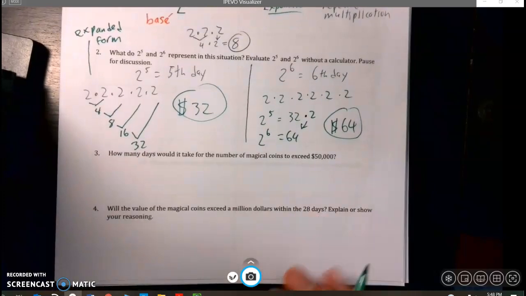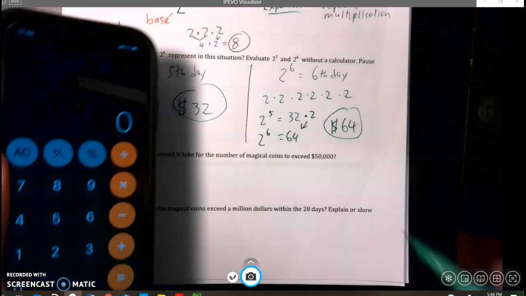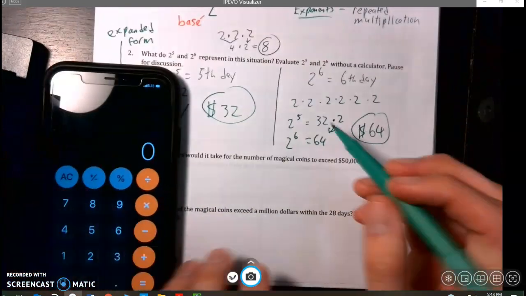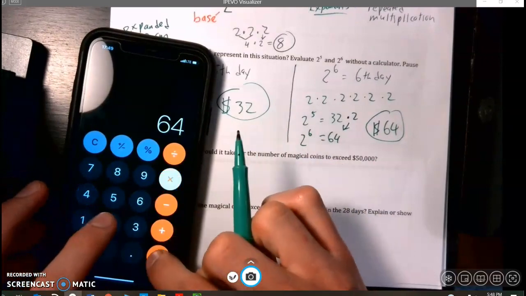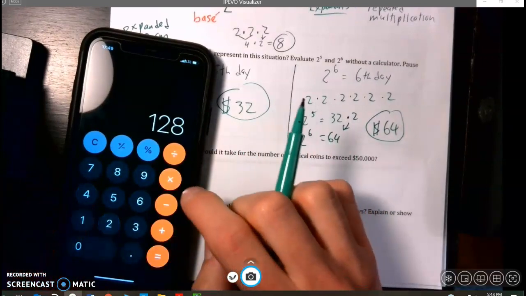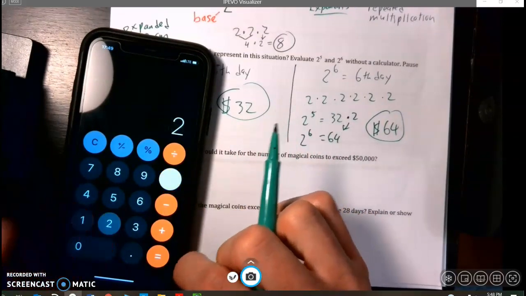So, number 3, how many days would it take the magical coin to exceed $50,000? So, we'll start at 64, which is 2 to the 6th. Okay, so that means on the 7th day, we'd be at $128. Times 2 more.